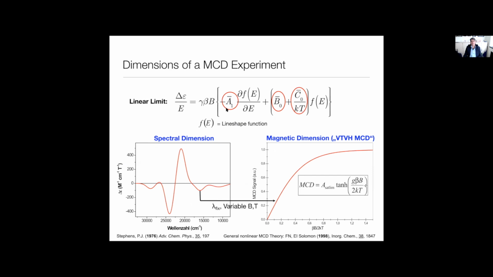MCD, of course, has several dimensions. It has a spectral dimension, on an energy axis, and it has a magnetic dimension that can be explored by varying the magnetic field and the temperature. I don't want to go into that, but I think XMCD is really no different from regular MCD in that respect.